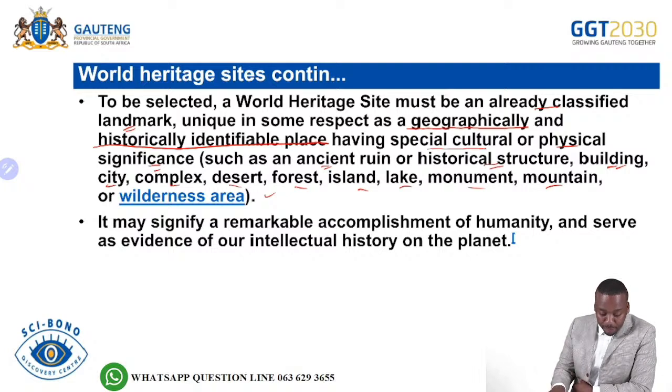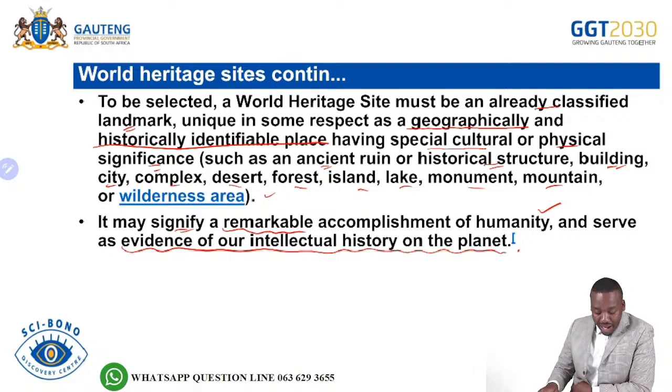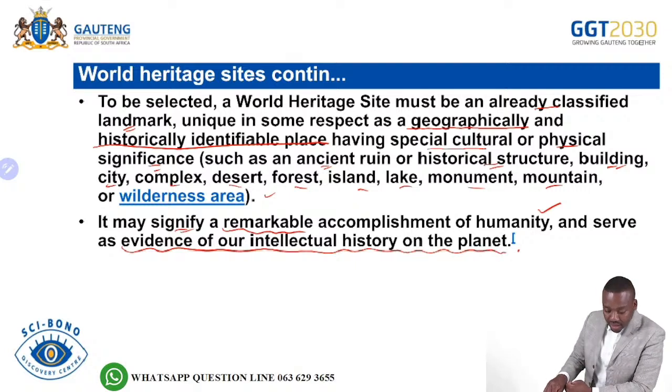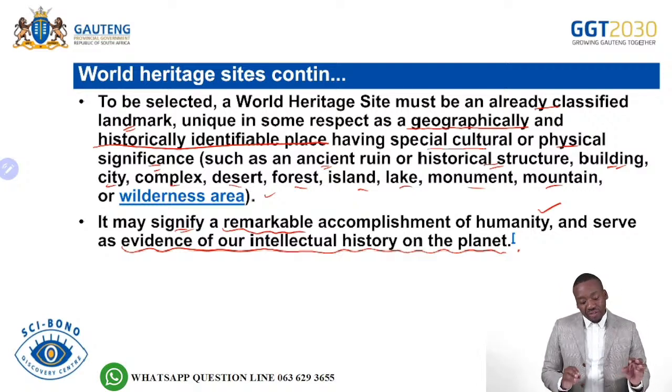But for a particular place to be a World Heritage Site, it may signify a remarkable accomplishment of humanity and serve as evidence of our intellectual history on the planet. For it to be a World Heritage Site, it has to have such elements.